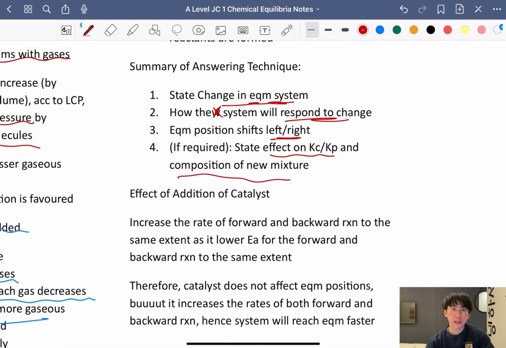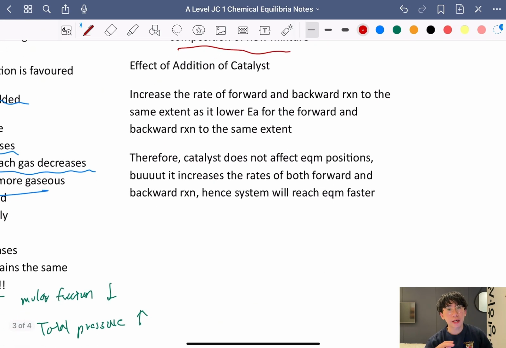Now we move to the effect of the addition of a catalyst. So catalysts actually increase the rate of reactions, but they increase the rate of the forward and the backward reaction to the same extent, because they lower the activation energy of the forward and backward reaction to the same extent.